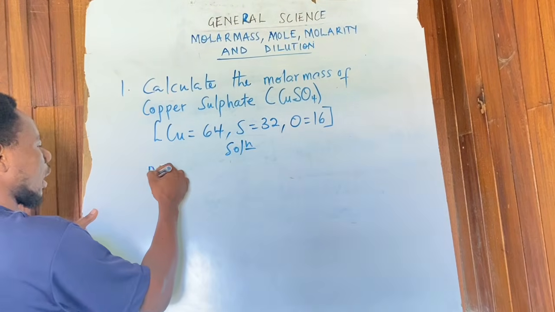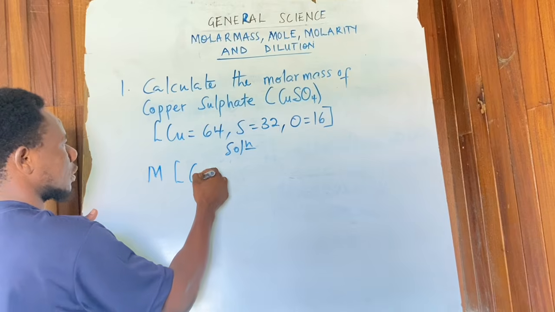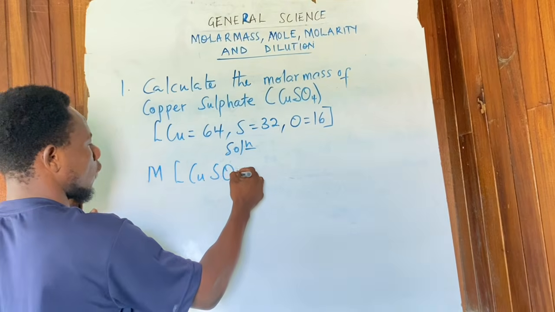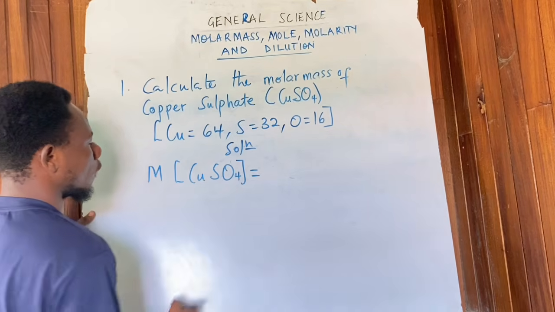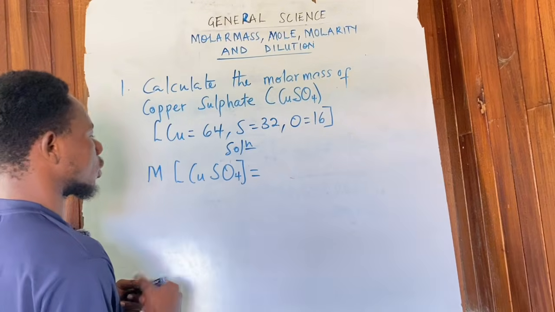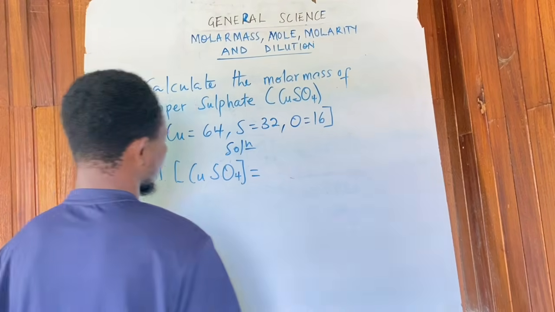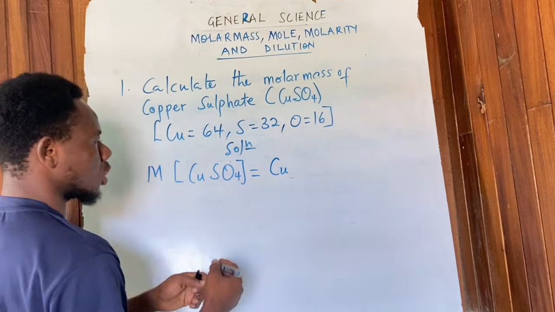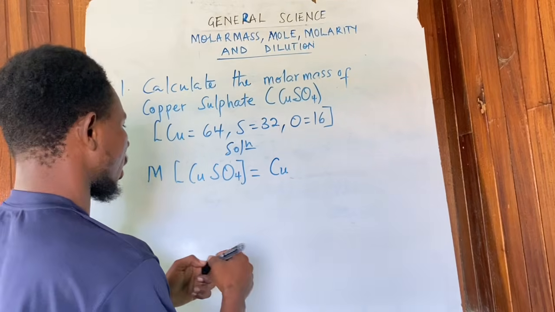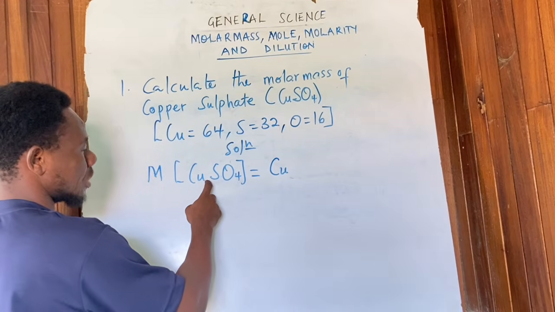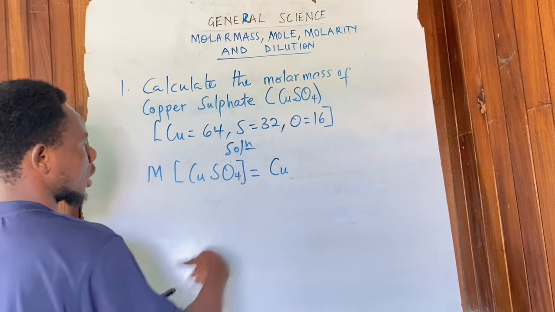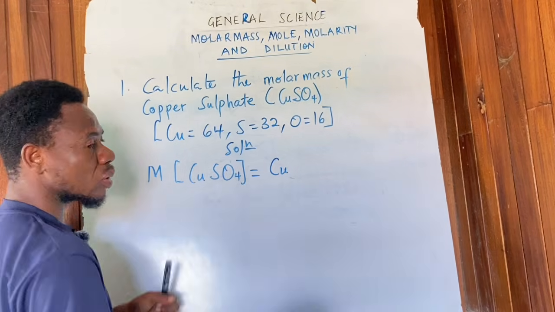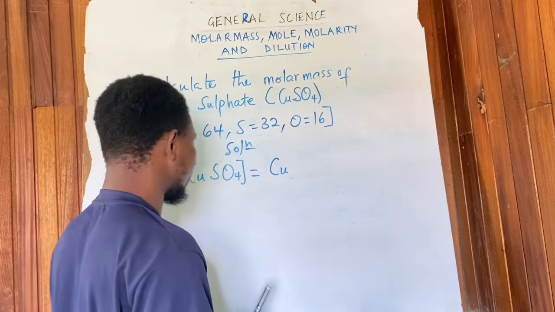So the molar mass of CuSO4, which is copper sulfate. Don't forget, we are splitting the elements one by one. There is only one copper, so you can just write copper times 1, or 1, you are still going to get the same value.